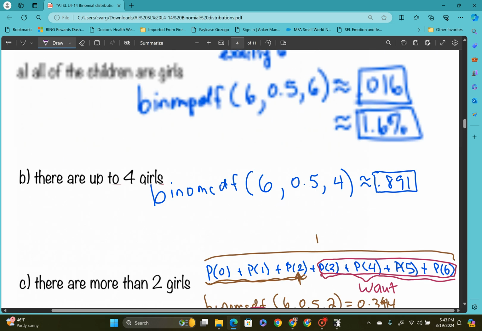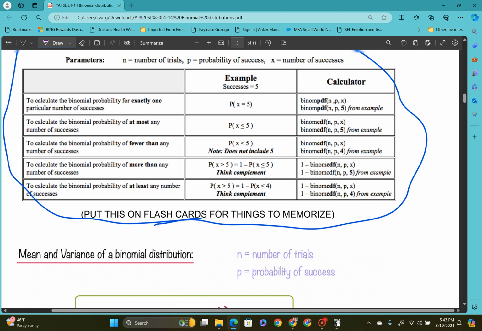How are you doing that, right? If you look back up over here, at least means that we're going to be doing this right here. So think complement, right? So it's going to be 1 minus binom CDF. And then if you have at least 5, you're going to take 1 minus this 5 and put a 4 here for the 1 minus binom CDF.